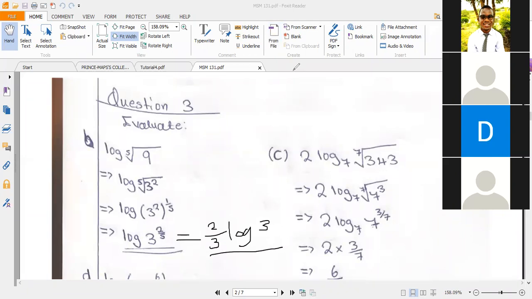So you have 2 over 3 log 3. Sorry, actually that is not supposed to be 2 over 3. That is 2 over 5.